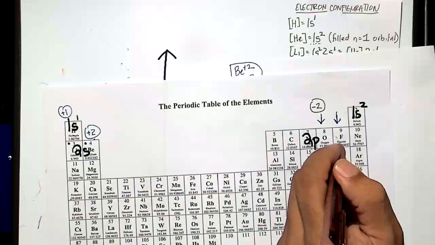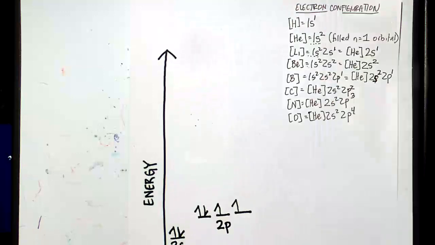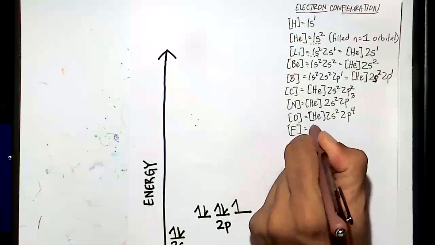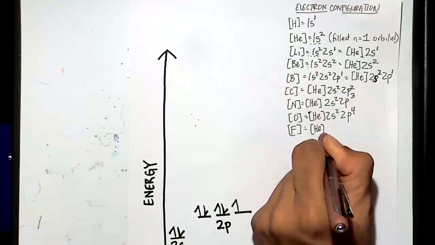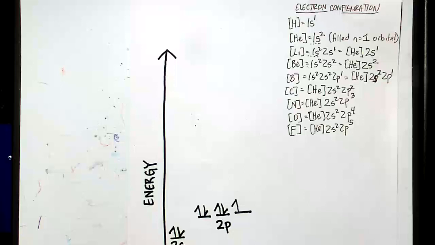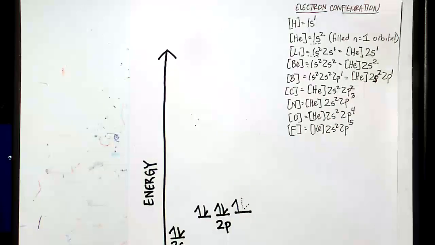All right, let's talk more about this. But first, let's go to fluorine. What will fluorine be? Where will that electron go? There. And what is fluorine? Helium 2s2, 2p5. Everyone see that? What happens if fluorine gains an electron?